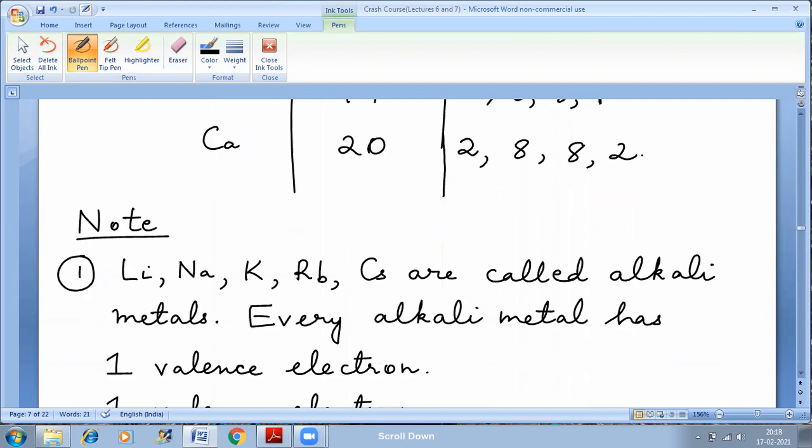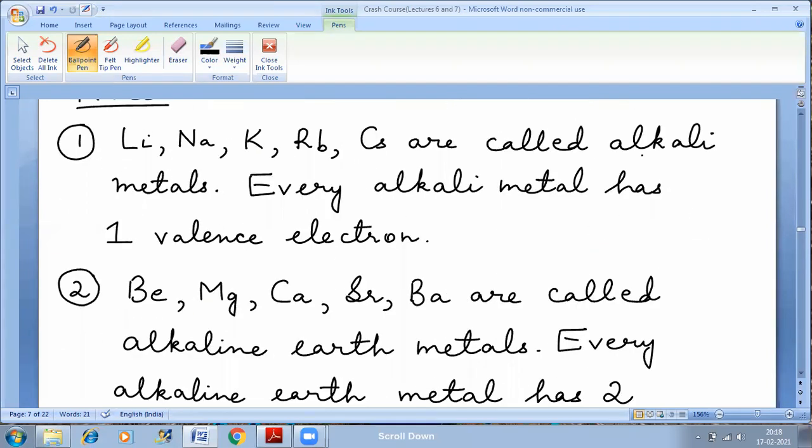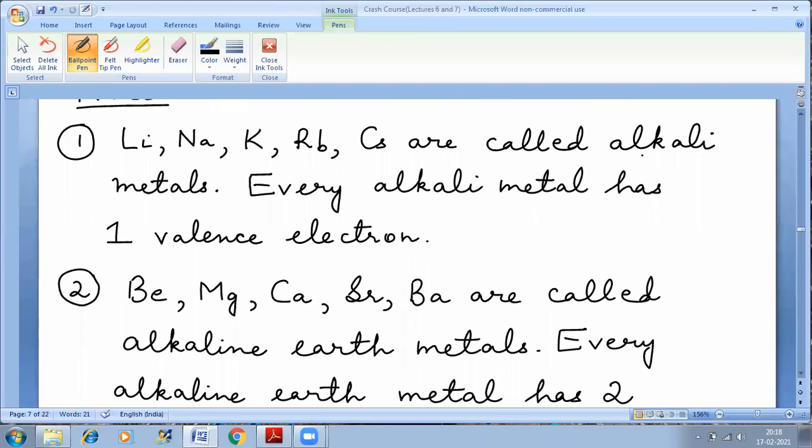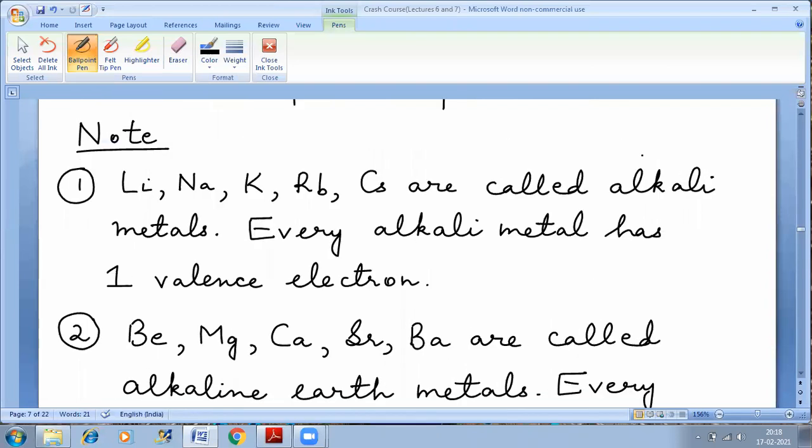Now let's understand some things which are based on the valence electrons. So this is the first thing. Lithium, sodium, potassium, rubidium, and cesium are called alkali metals. Every alkali metal has one valence electron.